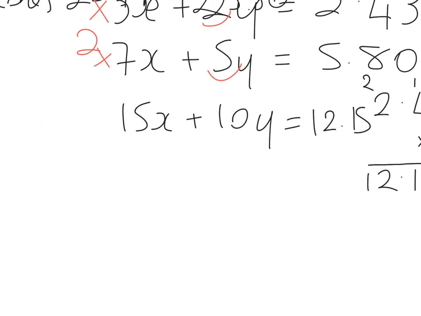Equation 2, I'm multiplying through by 2, so 2 times 7x is 14x, 5 times 2 is 10y, and again £5.80 times 2, go to the side, work it out, and that's £11.60.